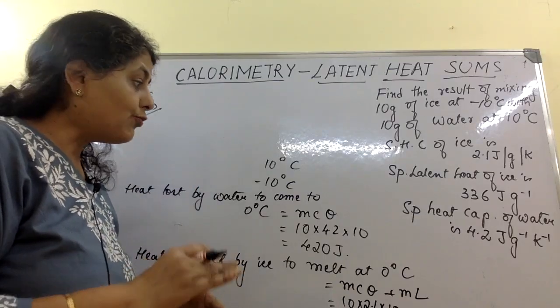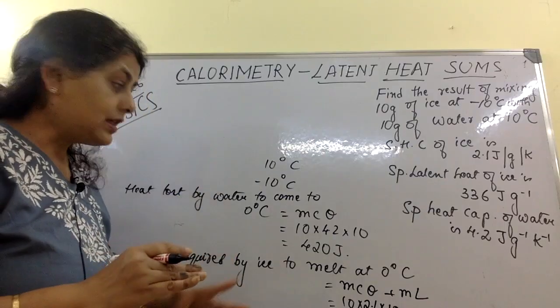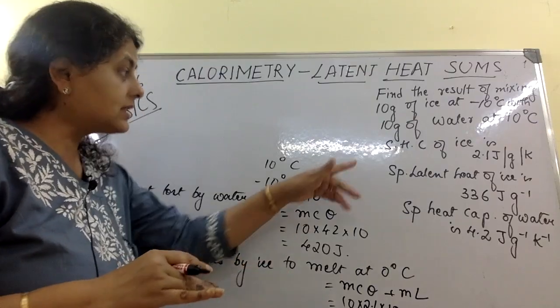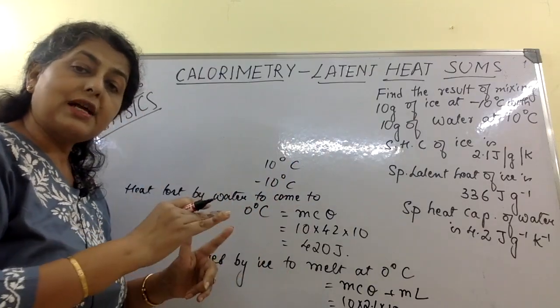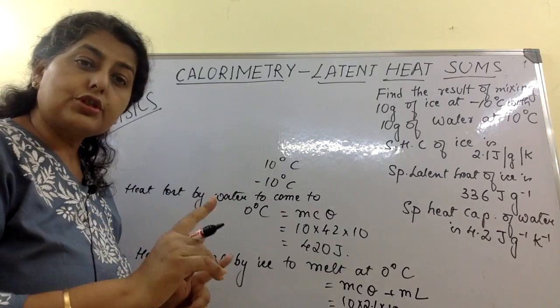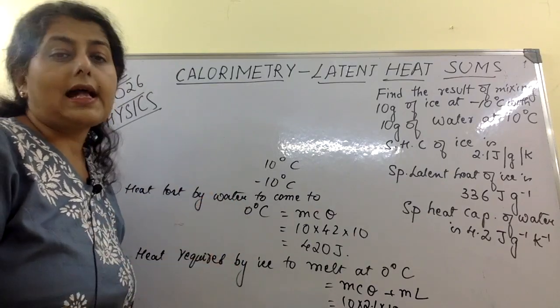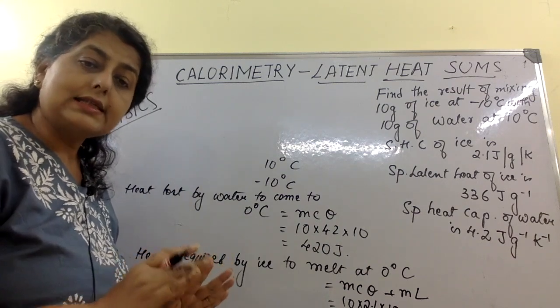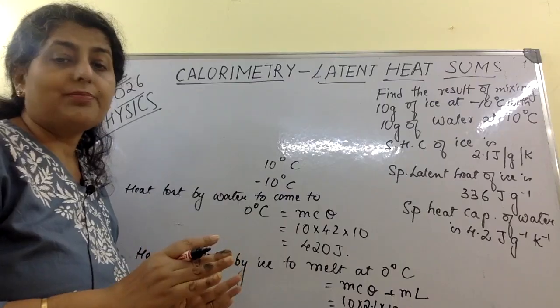So there will be some water at 0 degree. Of the 10 gram ice, a portion will form water at 0 degree and a portion will remain as ice in that ice water mixture.